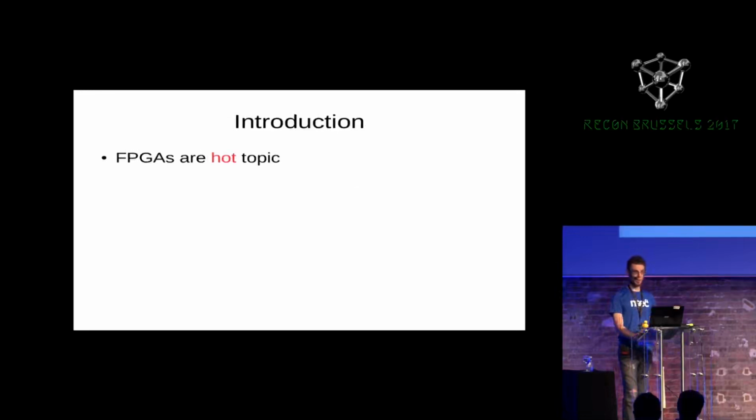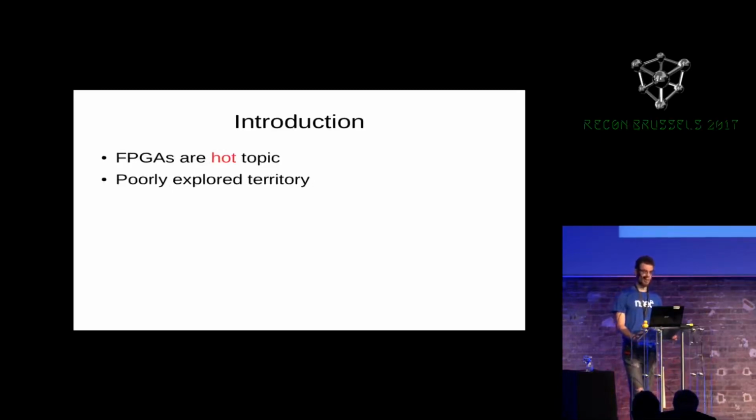FPGAs right now are really a hot topic. With Amazon recently putting FPGAs in the cloud, and recently Project IceStorm making a huge buzz in the hacking community and FPGAs altogether. But it's a very poorly explored territory.